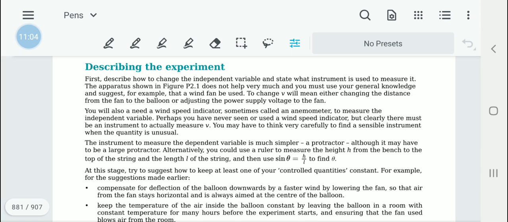You find the height from the bench to the top of the string and the length of the string, and using sine theta equals h upon L, you find theta, right? So that is another method that you can suggest. So you should be able to explain what the independent variable is and how to measure it, and what the dependent variable is and how to measure it. Now we have addressed them both in this particular situation.